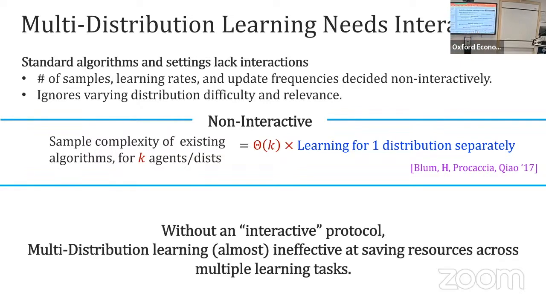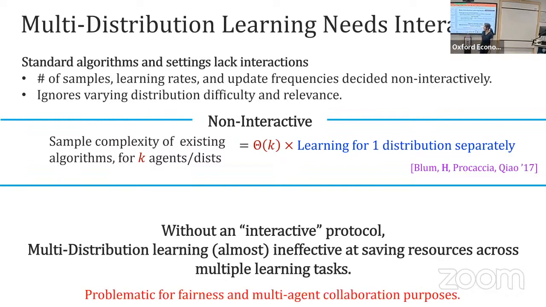You can think of it as: I wanted to solve K tasks, and I'm not getting any leverage from the fact that these tasks are related or that these agents can collaborate. In some sense, without an interactive protocol, multi-distribution learning is almost as ineffective as learning every distribution separately, without caring at all that something connects these problems together. This is particularly problematic for collaboration, but also for fairness, because fairness usually arises in environments where we don't have infinite amounts of data.